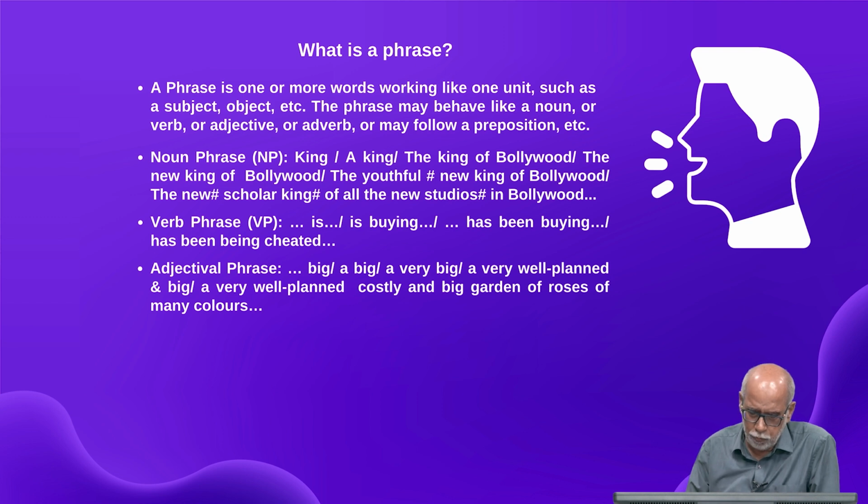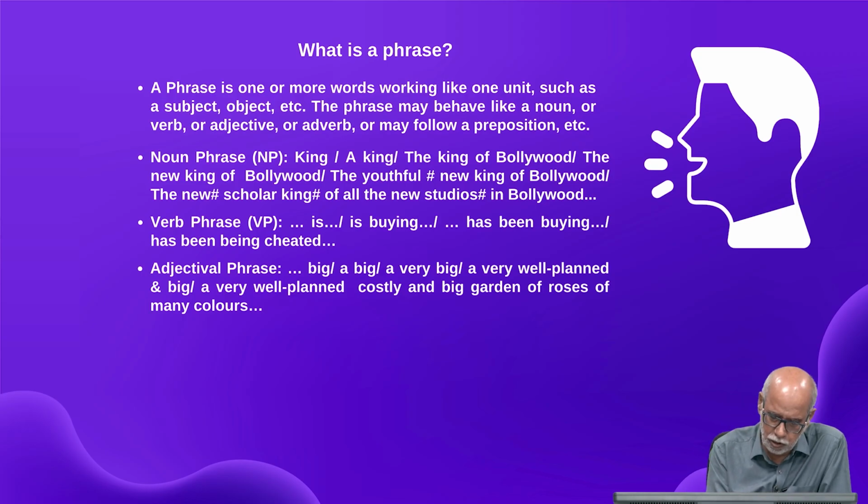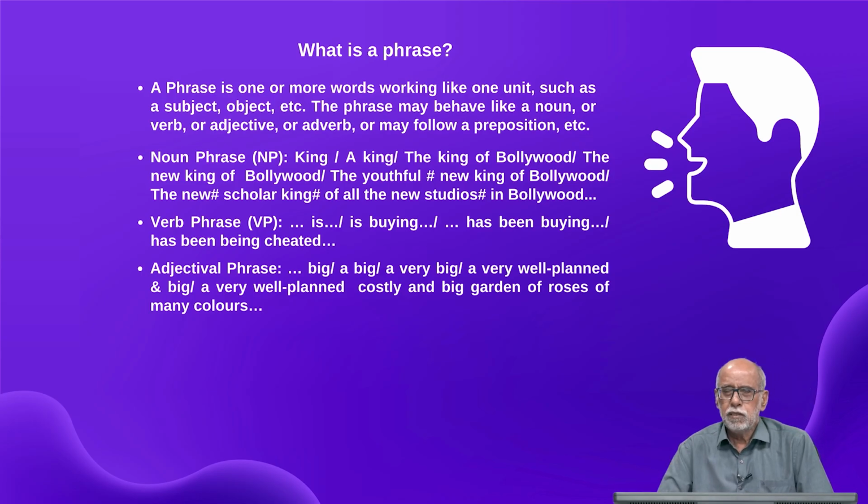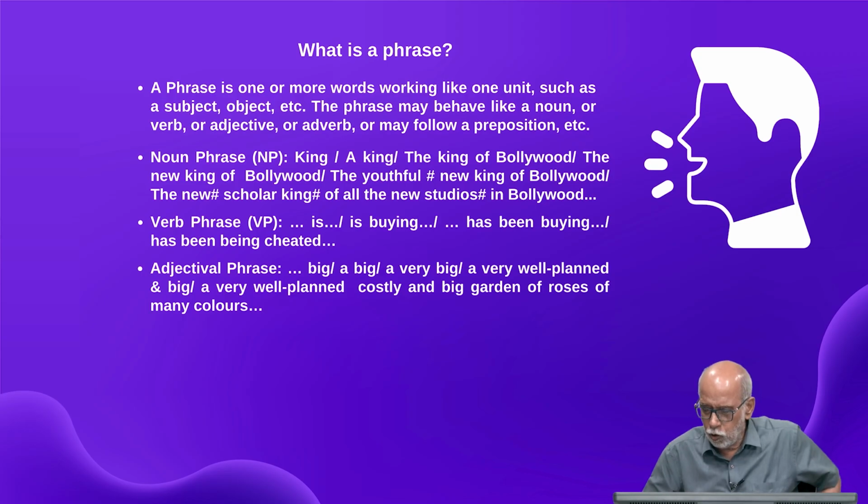So, you have a pause here, a very well planned, costly and big garden, or you can simply say costly and big garden, then you can say of roses of many colors, and then you can close it. All right. So, a phrase is one or more words behaving like one unit and followed by a pause.